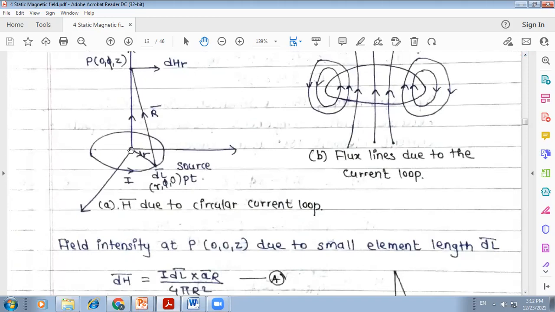When we go in all directions, everywhere there is a radius and a unit vector going in all directions, that is A bar R. If I consider one positive direction, the unit vector in that direction is plus A bar R, and the opposite one is minus A bar R. Because of this symmetry, these components get cancelled, plus A bar R and minus A bar R, so if you add them the actual component becomes 0.